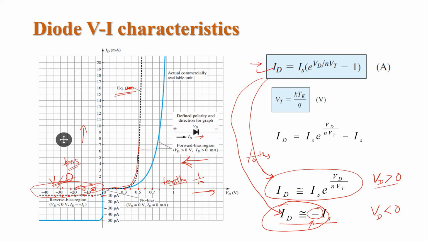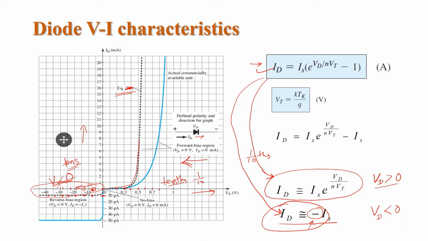And even if we are making such large steps in the negative VD direction, we see almost no change in the ID current, because it is stuck, or it has saturated to the minus IS current level.